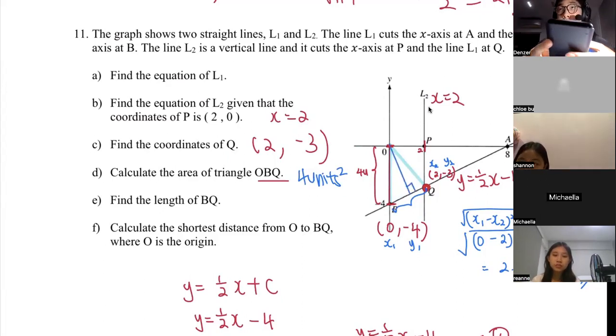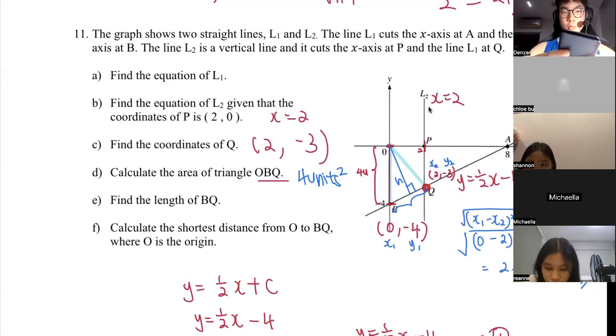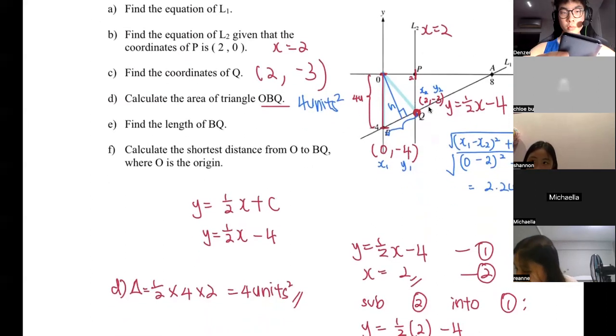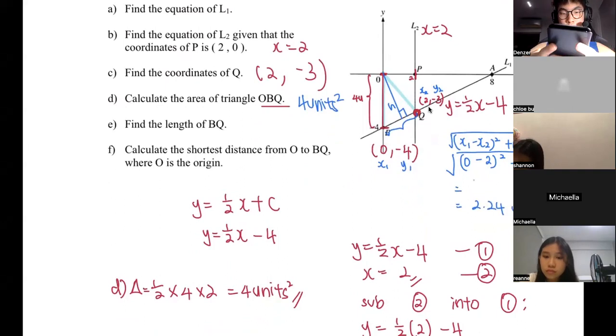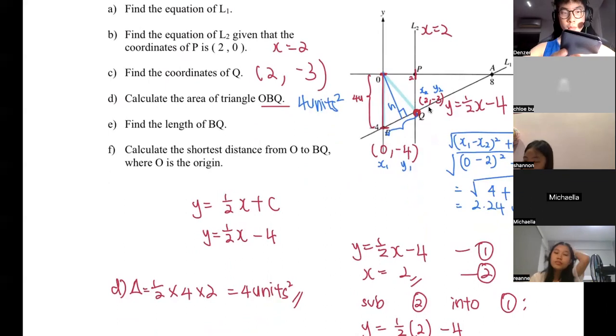And isn't that what they are looking for? The unknown is h. BQ, do we have? We have, right? Put it in exact form. What did we have just now? 2 squared is 4, plus minus 4 plus 3, which is minus 1, squared. So this is the square root of 5.